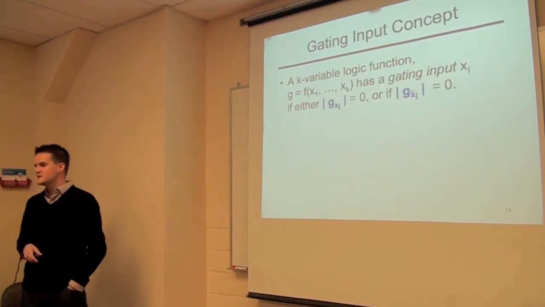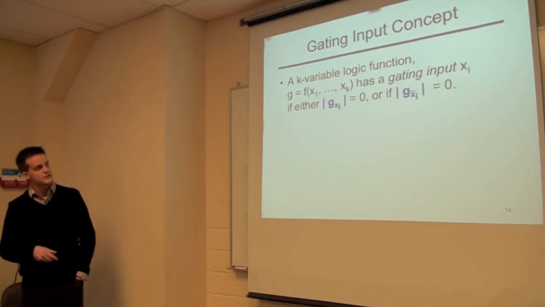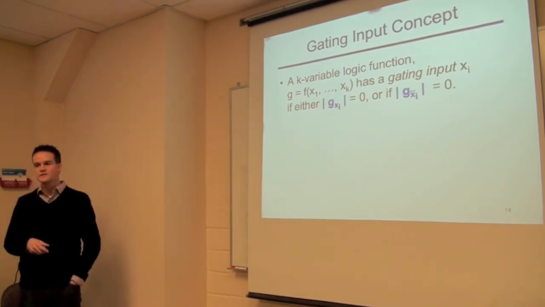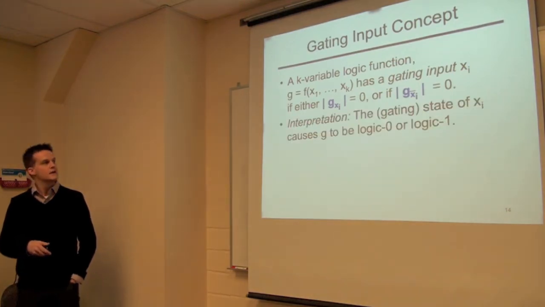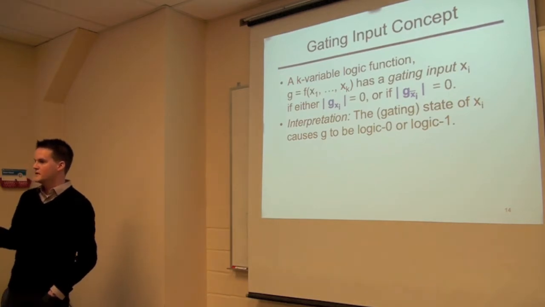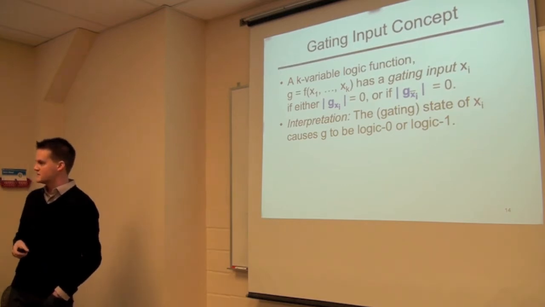A special case of trimming input is something called a gating input, which is a term used in the literature. A gating input is a special case of trimming input where one of the cofactors has 0 variables. Interpretation: there's one input to the function such that when that input is in a particular logic state, logic 0 or logic 1, the function immediately goes to a known state of 0 or 1.